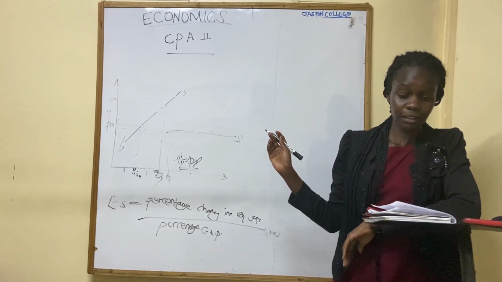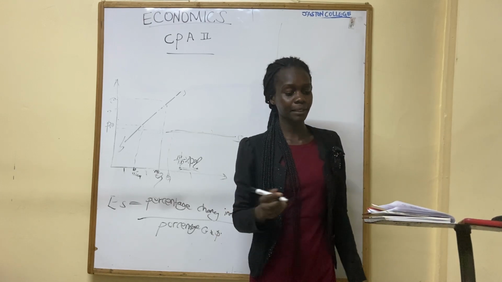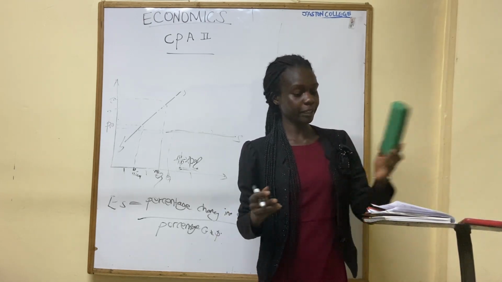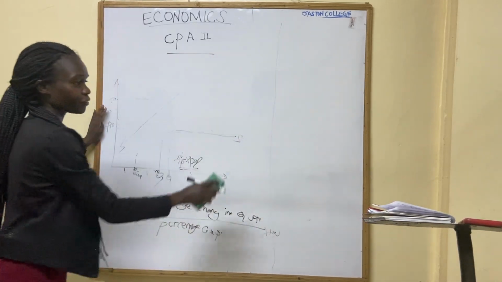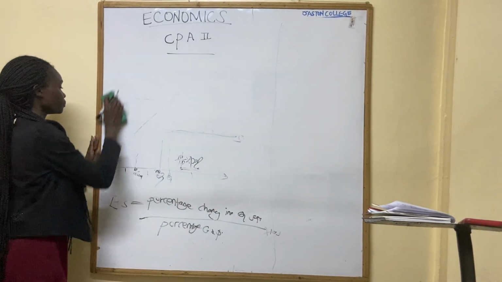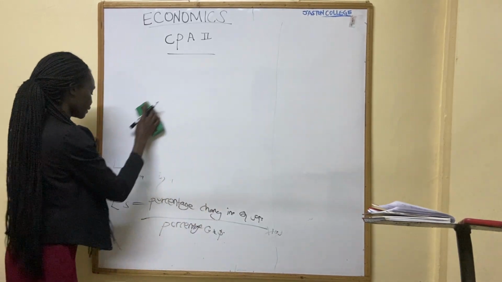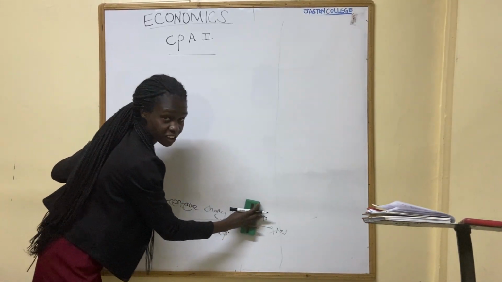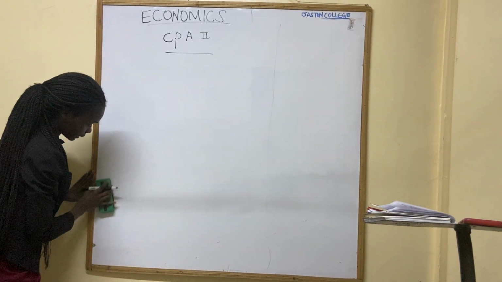So we are done with supply. We are done with demand and supply, the definitions, the elasticity, and the factors affecting their changes. Another topic is the change in agricultural product prices.